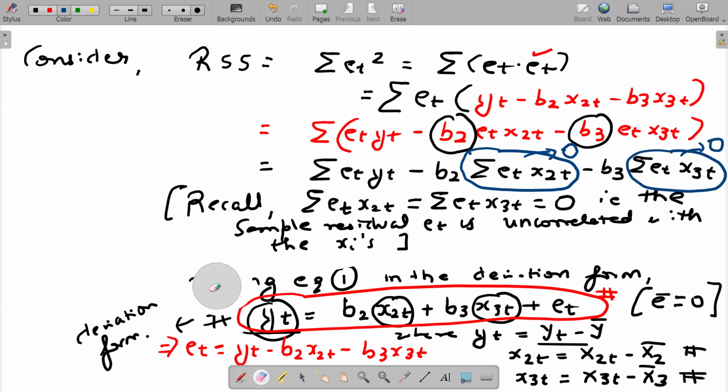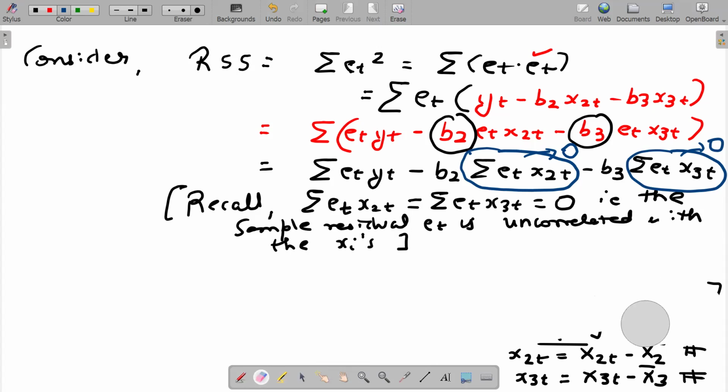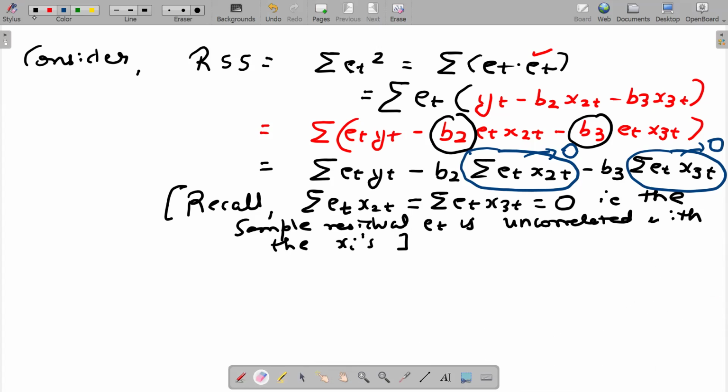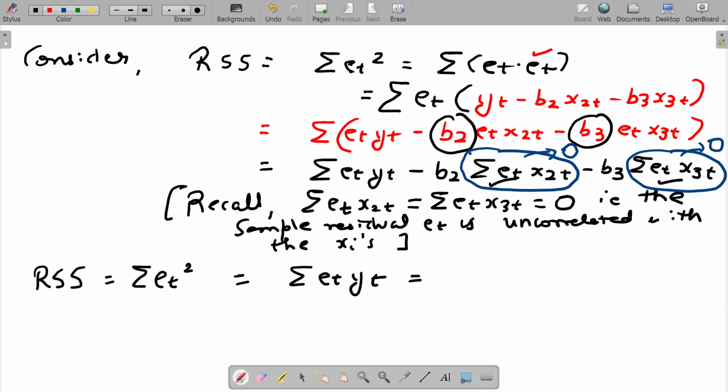So what do I get? If I erase this portion completely now, I hope students are making notes along with me. I get my summation et square, which is my RSS. Ultimately, I get it as summation et yt, because this is also 0, this is also 0. And now can I plug back the value of et again?